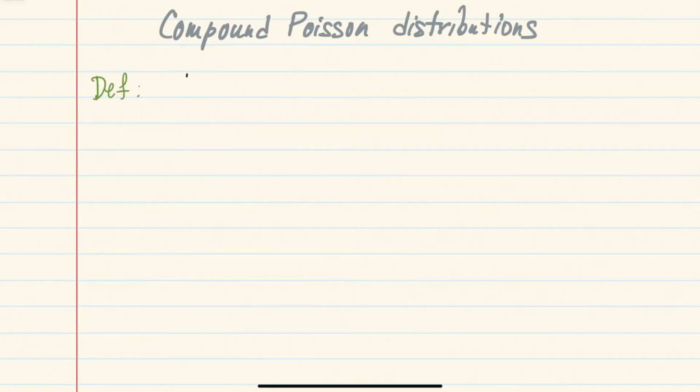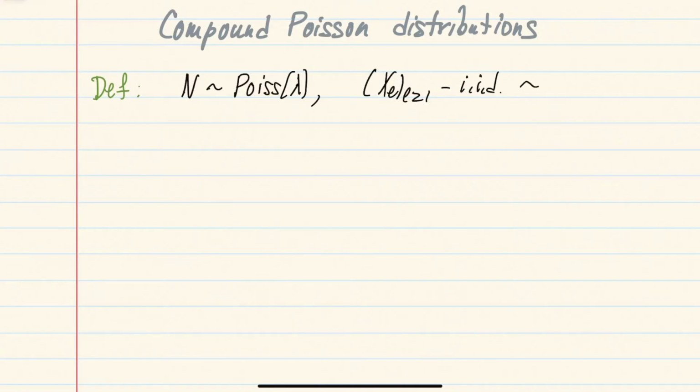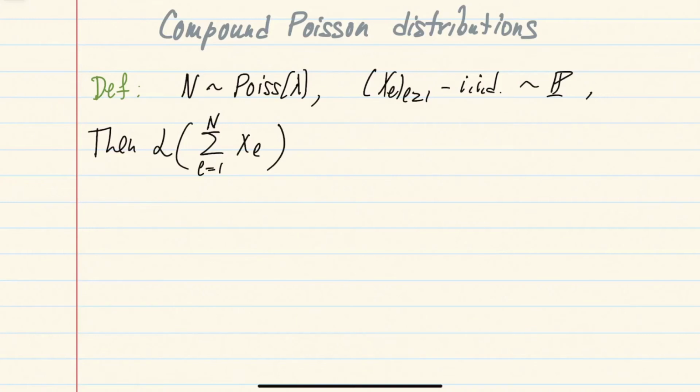If you have a Poisson random variable N with some parameter lambda, and you have a sequence X_l of IID random variables from some distribution P on the real line, then when we look at the sum of these IIDs up to this Poisson random variable, where of course we also assume that the Poisson is independent of these X's, then the distribution or the law of a sum of this form is called a compound Poisson distribution.